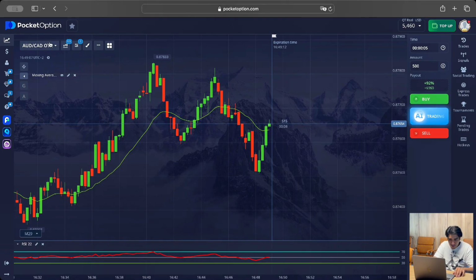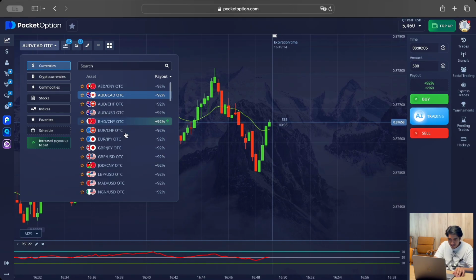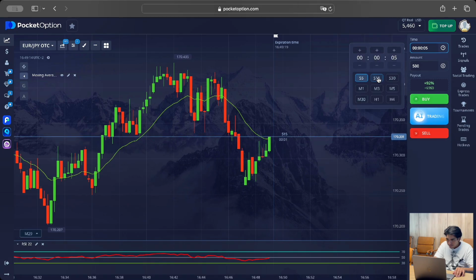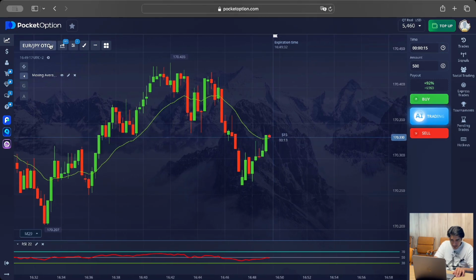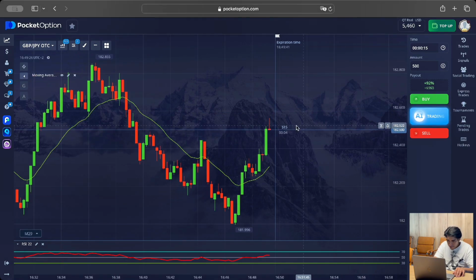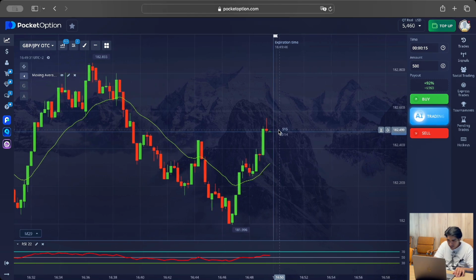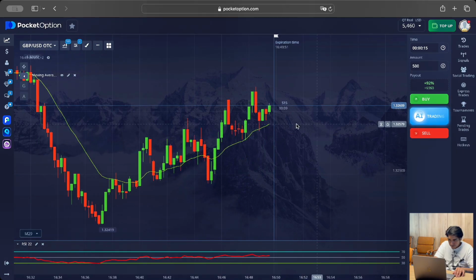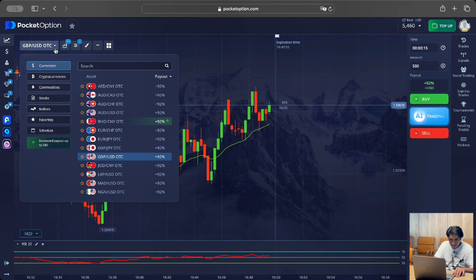Let's go for one more trade. Let's check it step by step and see which is the good one. As you can see, it was 1650, and how the intersection has been there.